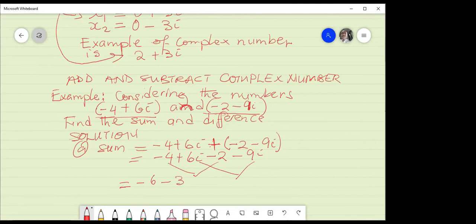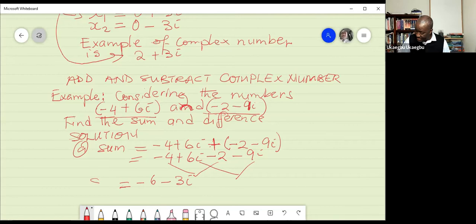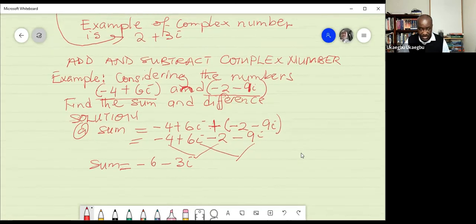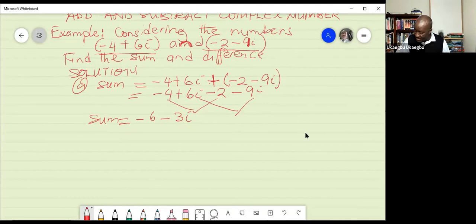So we have -3i, and that is the sum. If you look at this, right now, you will see that it is of the form a plus bi. So in that case, a is equal to -6 and b is equal to -3.